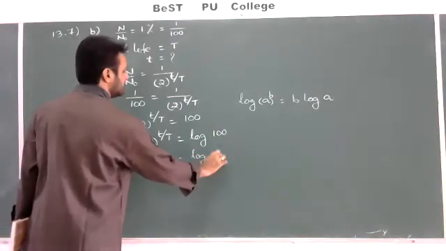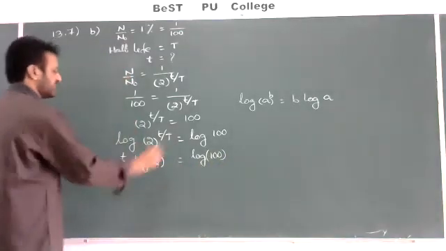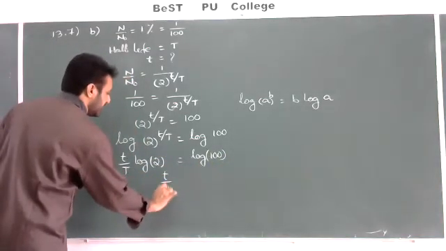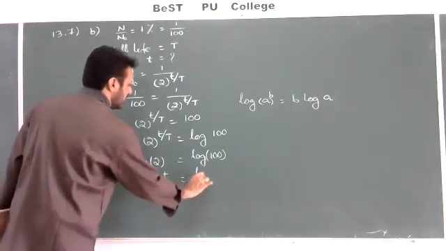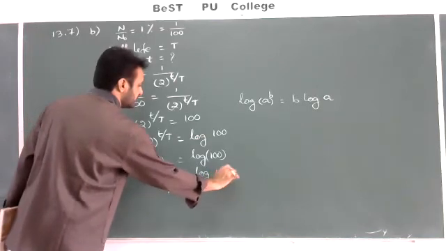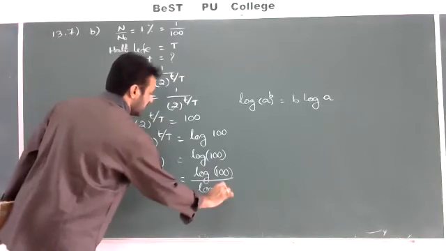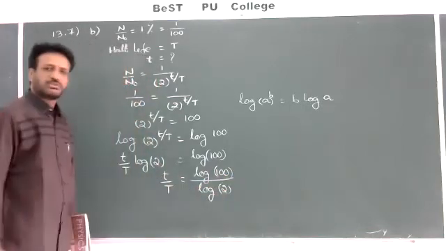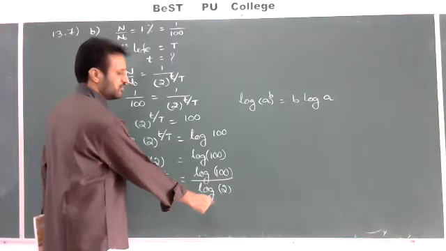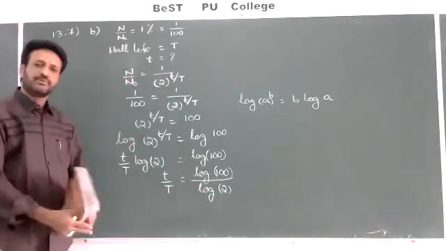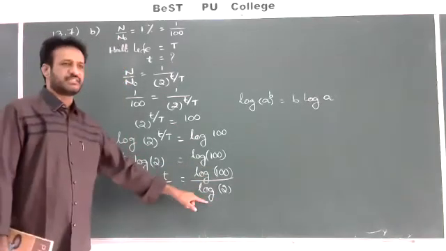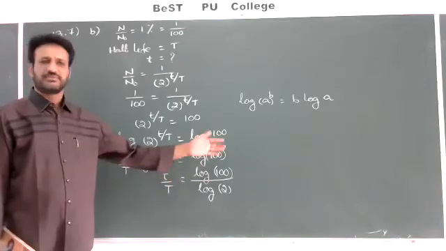So take log 2 to the right side. Therefore small t by capital T is equal to log 100 by log 2. Here if both are base 10, the total meaning will not be changed. If both are base e, we can convert, and 2.303 will be cancelled.